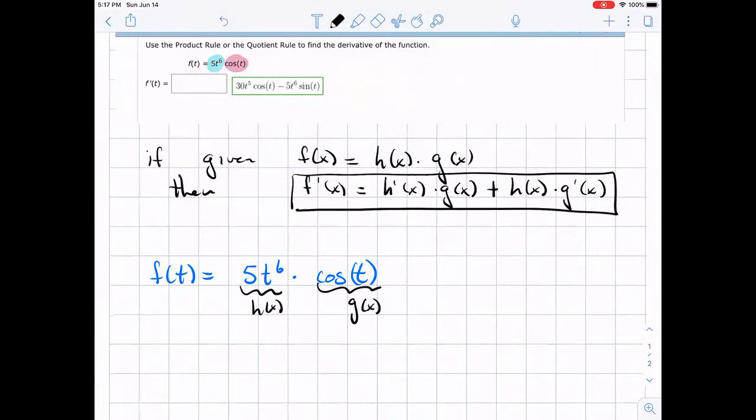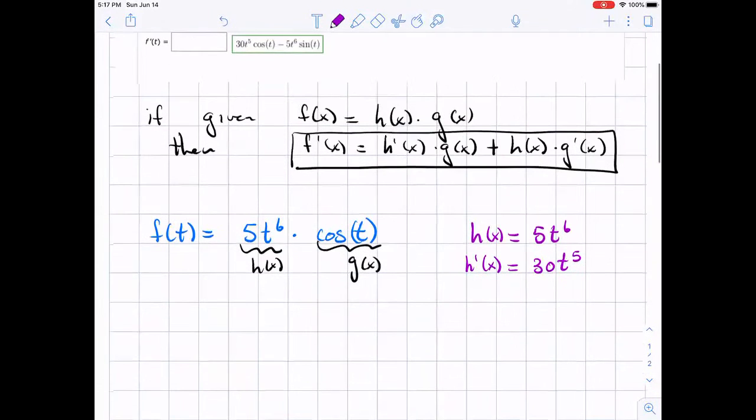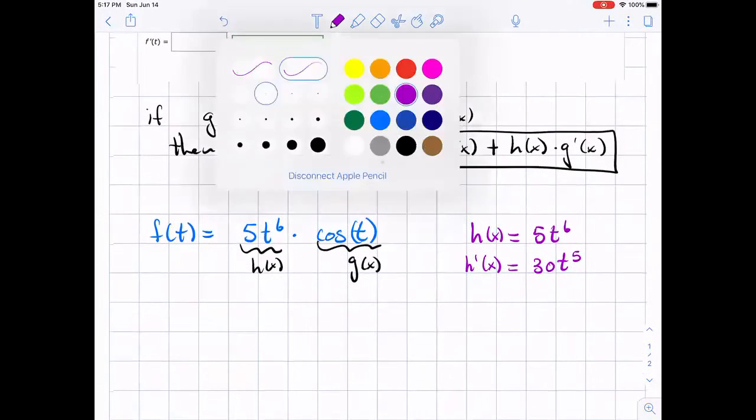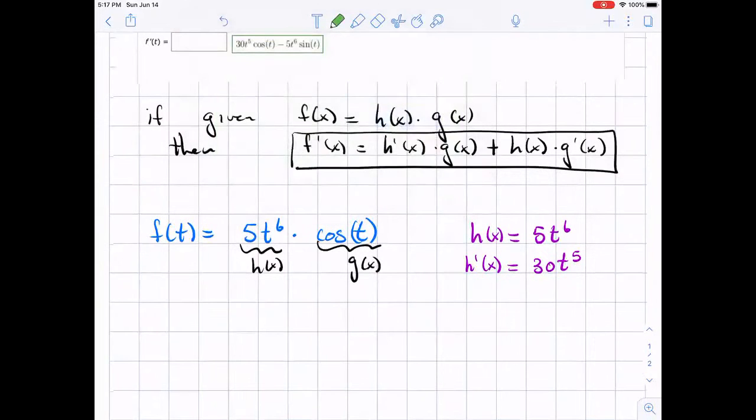So h of x is equal to 5t to the 6. So h prime of x would be 30t to the 5th. In addition, g of x is given as cosine of t.